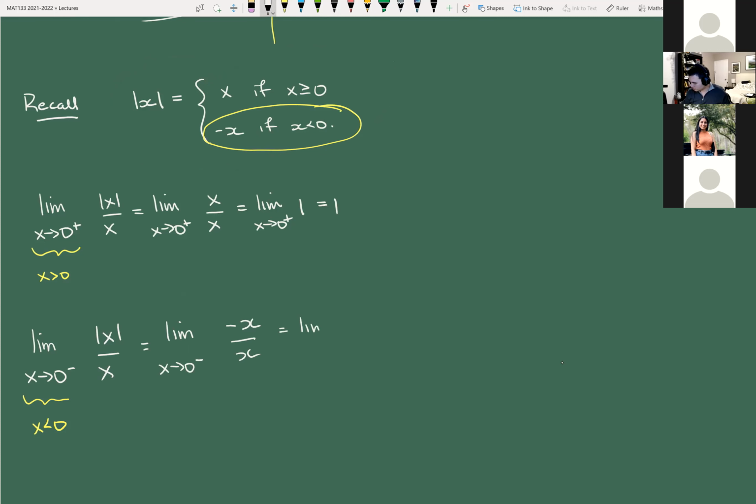And that gives me -1. And these are not equal. So even though the one-sided limits do exist, the two-sided limit does not because these two things are not equal.